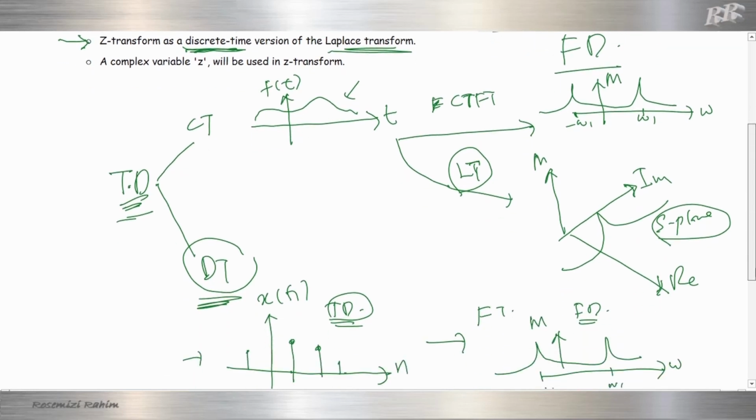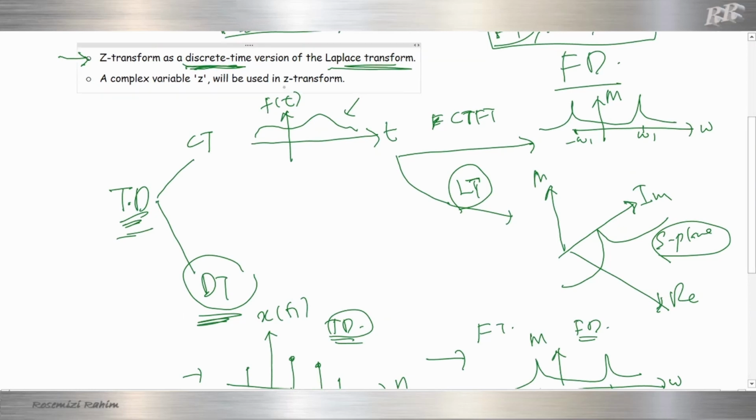In Laplace transform, the variable is S, equal to sigma plus j omega. However, in Z transform the variable is Z, with real Z and imaginary Z.